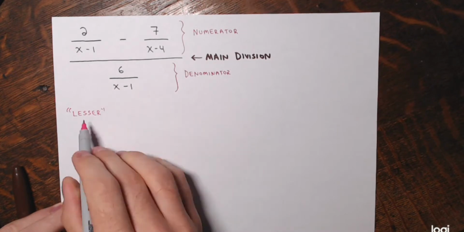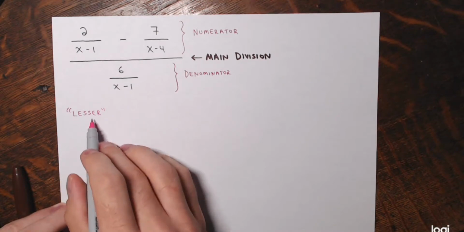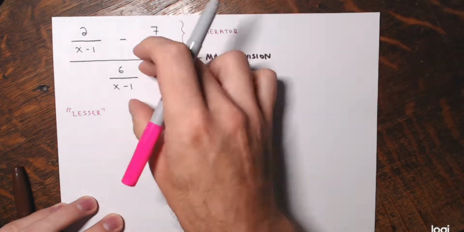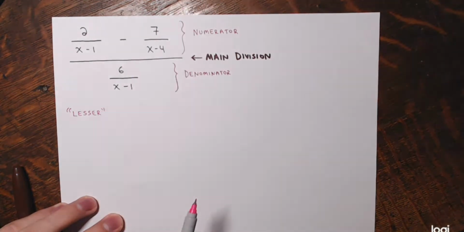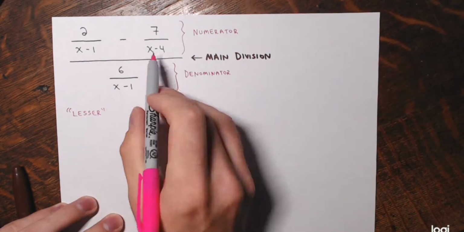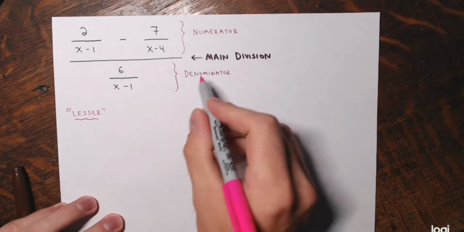I'll put quotes around lesser because they're not less important, but they're the denominators of the fractions within the fraction. They're not the main denominator. The main denominator is this fraction, 6 over x minus 1, but it also has a denominator. It's denominators within denominators and denominators within numerators. So I'm just calling them lesser because they're not the main one.